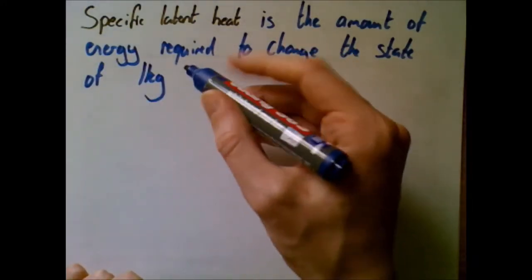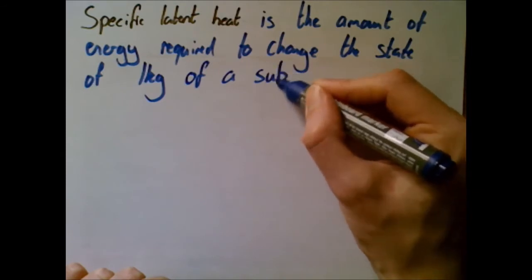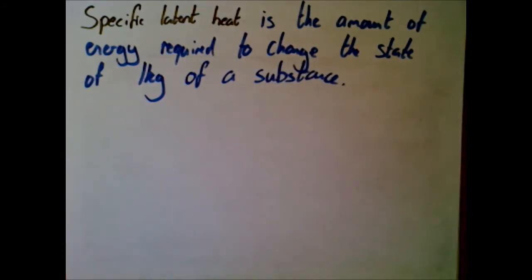So, to change the state of 1 kilogram of a substance. That value is going to be different for different substances, for different materials, and it can also be different for the different changes of state. For example, it takes a different amount of energy to change 1 kilogram of ice into water than it does to change 1 kilogram of water into steam.